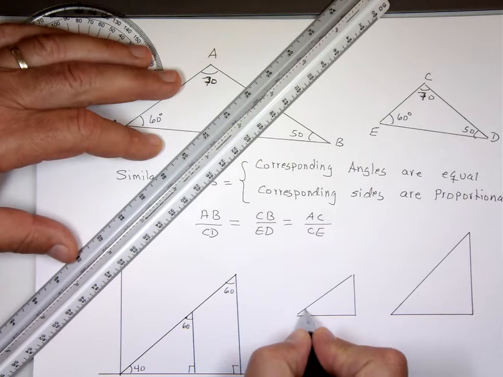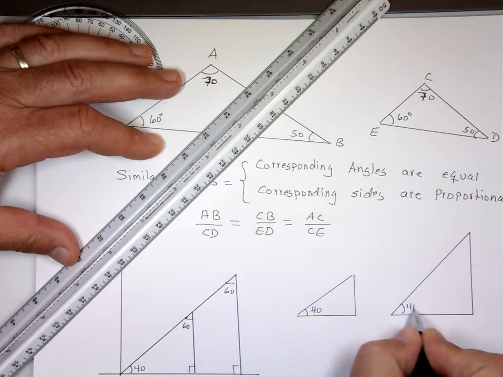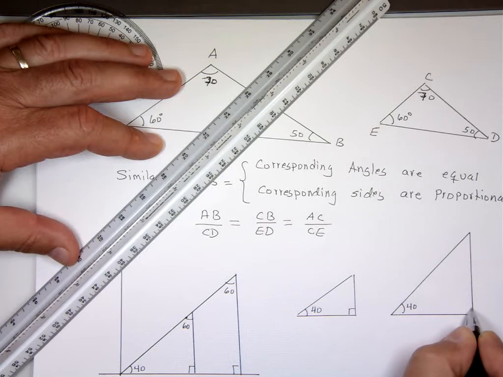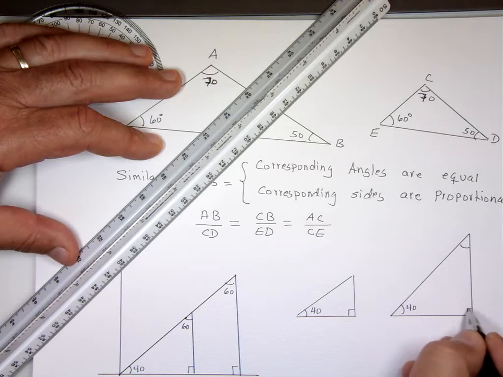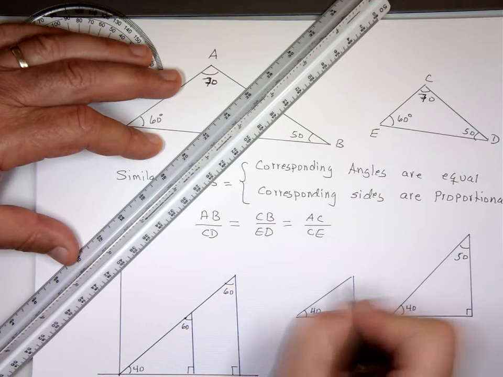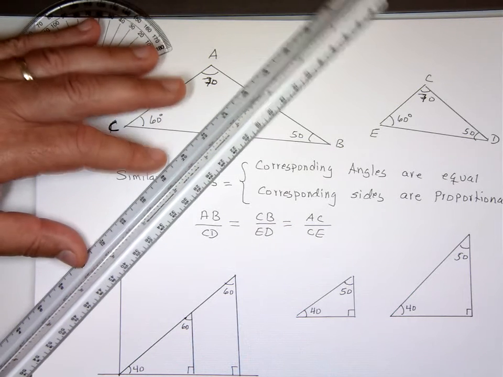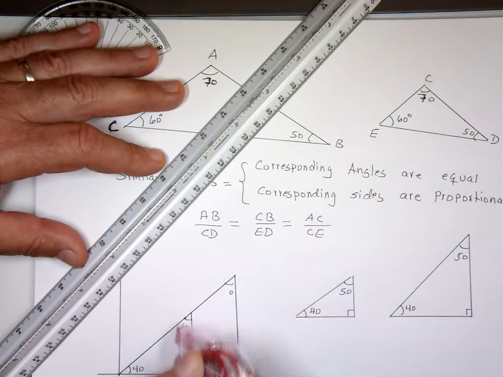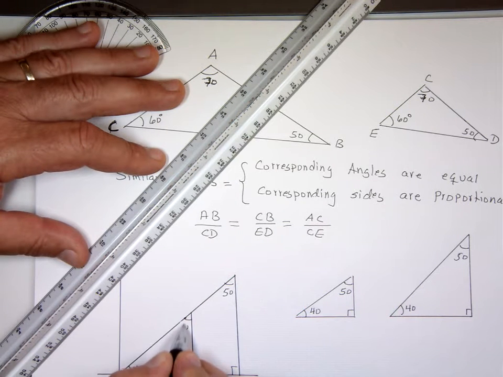This is 40 for both of them. This is 90 for both of them. That little right angle symbol means 90. It can't be 60 here, it must be 50, right? That should have been a 50, not a 60. 50, 40, and 90 add up to 180. They have to add up to 180.